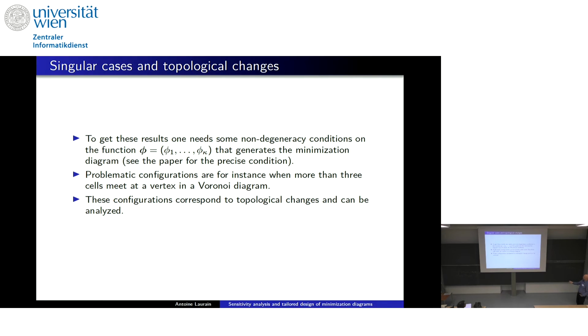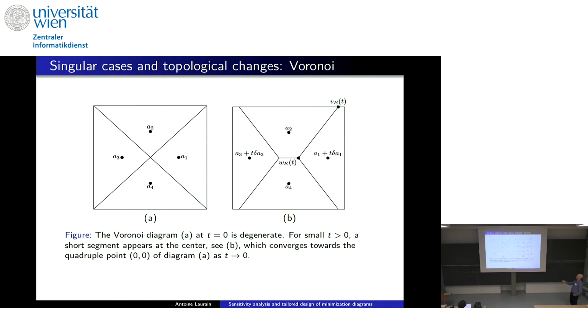So what are the difficult configurations? A typical problem is when more than 3 cells meet at a vertex in a Voronoi diagram. This configuration is not really a topological change, but we can see it as one in the sense that the structure of the diagram is changing. Here I'm showing you an example. A typical example is when you have a quadruple point here. So it's a point which is at the same distance to 4 different sites.